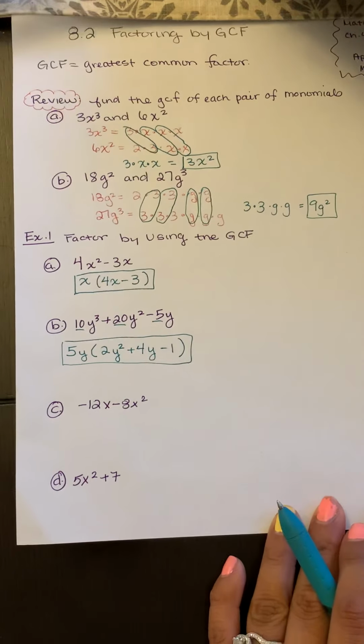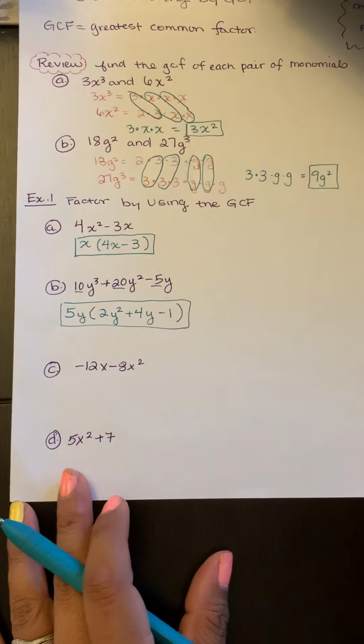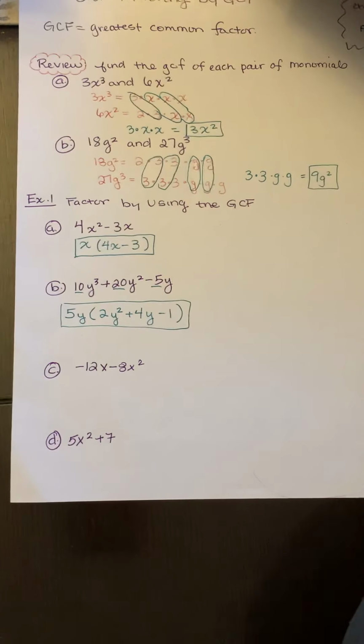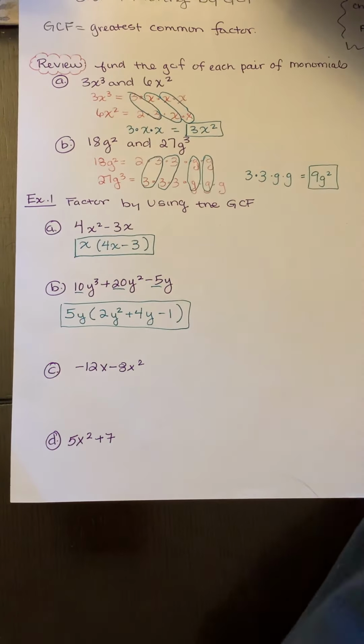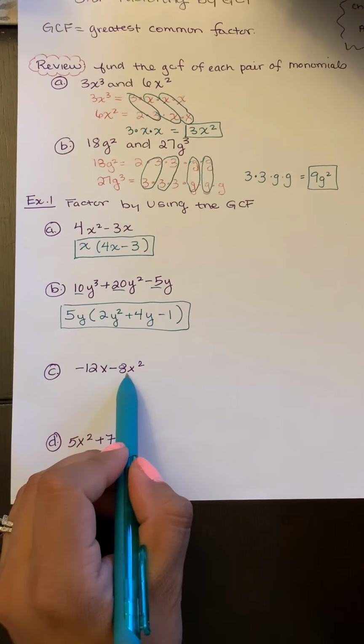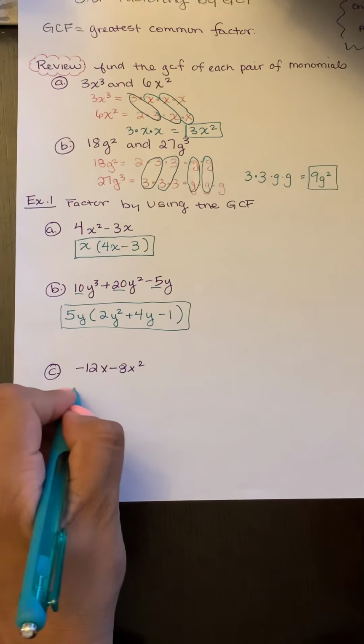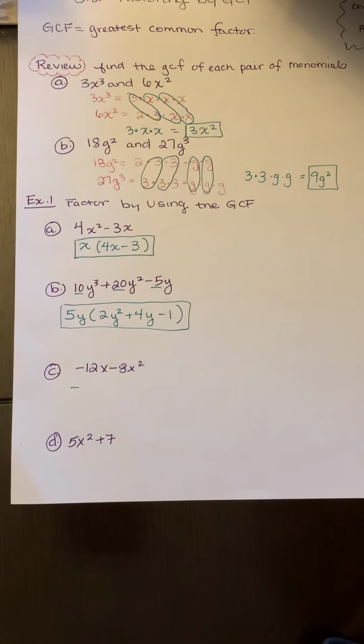All right, let's keep going. Again, you're asking yourself what number can go into a negative 12x and a negative 8x. And they both actually have negatives, so I know I can factor out a negative. So what number can go into 12 and 8?